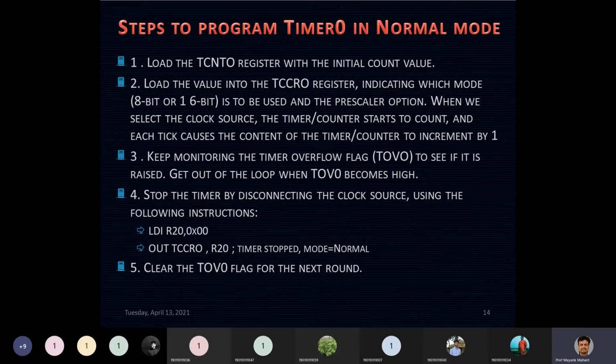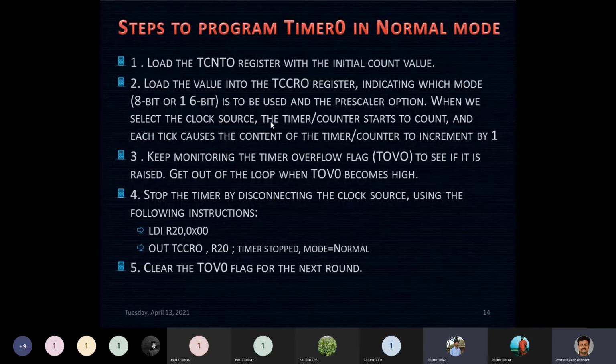Now, this is my general question: what value must we load into this TOV flag to clear it? If I want to clear the flag, what value do I need to load? There are two options, 0 and 1. Number 43, can you tell me which value, either 0 or 1, is supposed to be loaded in the flag to clear it? 0.